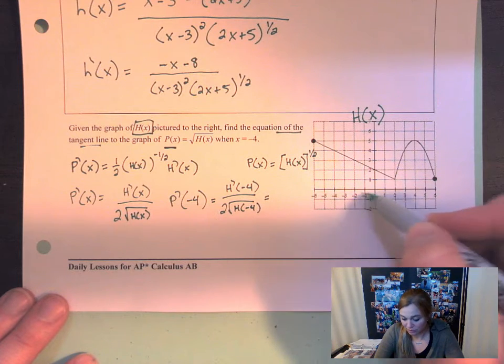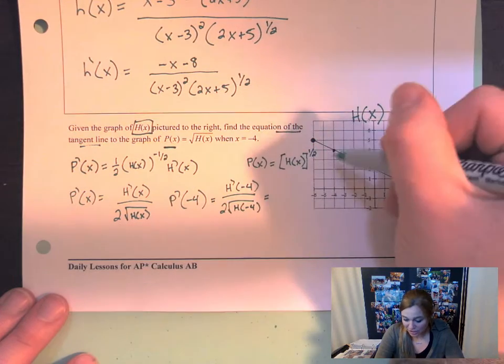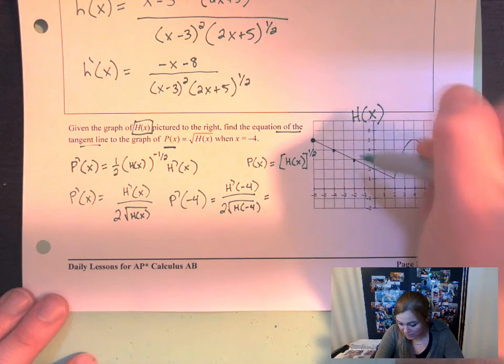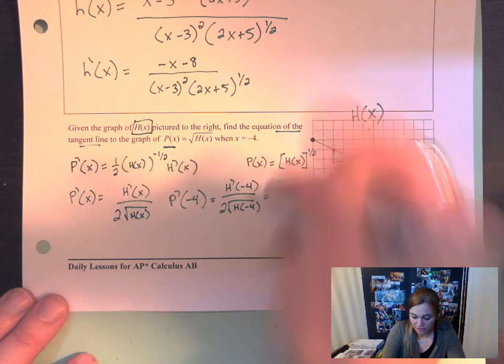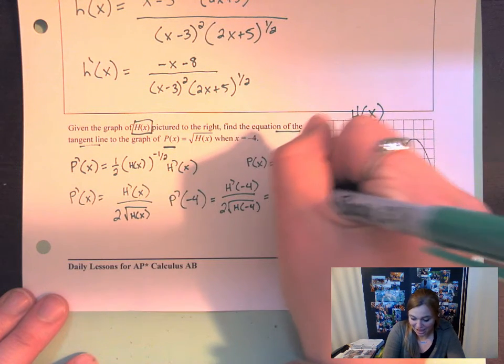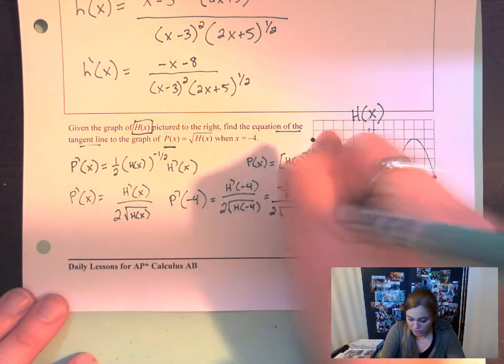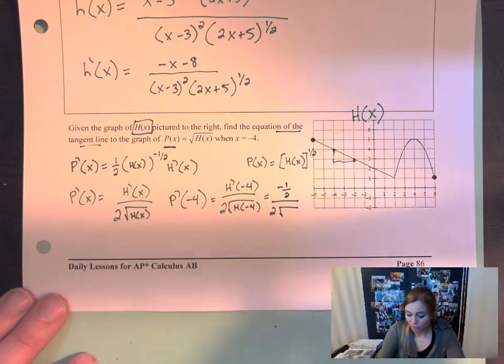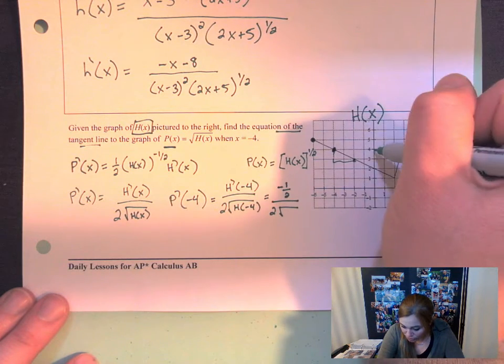So I'm going to go over to negative 4, and I can see I've got a straight line going on here, which is nice. So I check for the slope. I'm just going to count to the next point that I see goes through nicely. I go down 1, right 2. So this would be negative 1/2 is h prime of negative 4. Then h of negative 4 is just the function value at negative 4, which is 4.